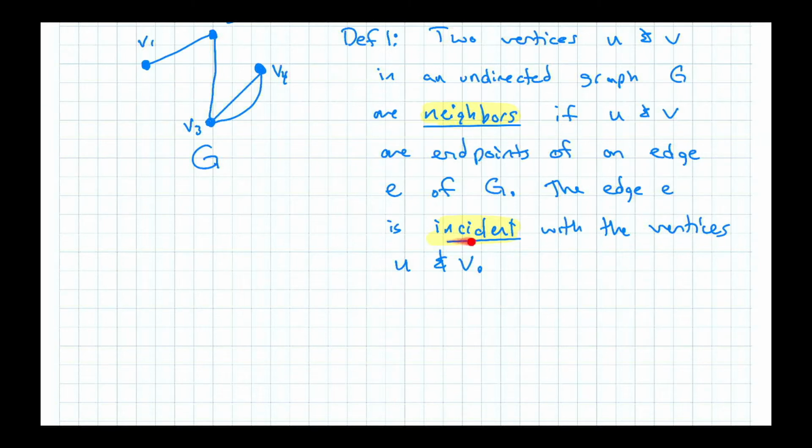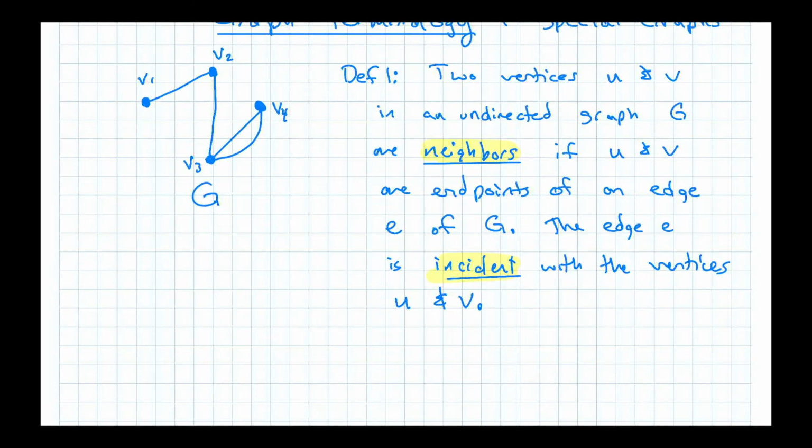An edge is incident to the vertices, and the vertices are neighbors if there is an edge between them. It's not like this is some complicated thing, but still.